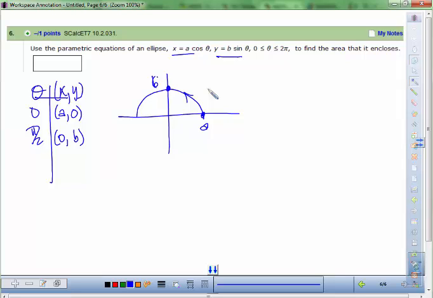Now, the formula that we have allows us to find the area between the curve and the x-axis. If I'm looking for the whole ellipse, maybe I don't care about the bottom part, since this is supposed to be symmetric. I'll just find the top part and then double it.